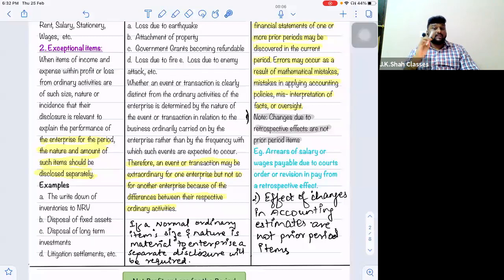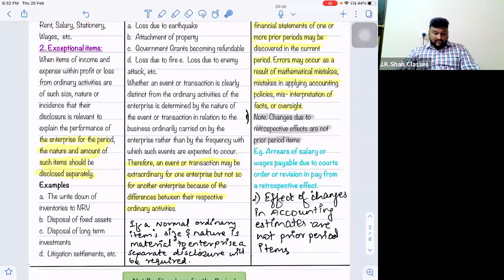Compare it with your normal ordinary activities. If it is distinct from your ordinary activities, then only it will be an extraordinary item. Don't have a look at the frequency of occurrence, because that can fool you. Because there are certain ordinary items which are non-recurring in nature, but they are related directly to your operational activities, hence they are ordinary in nature.